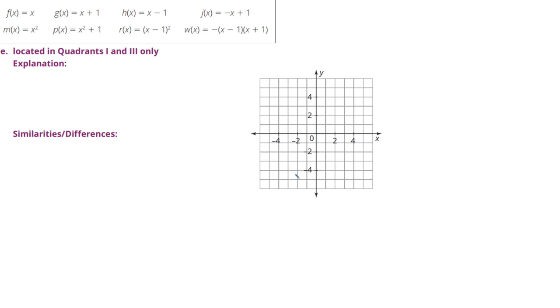So which quadrants are 1 and 3? Is it this top box? So this is quadrant 1. It goes this way to go around. So here's quadrant 3.